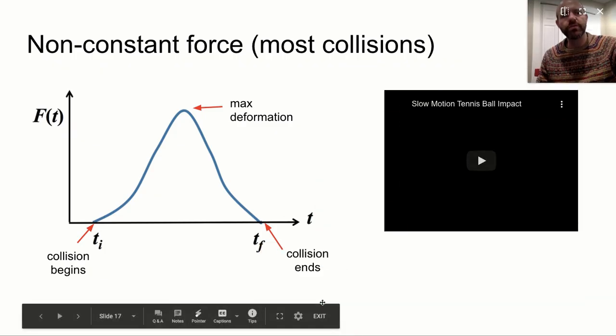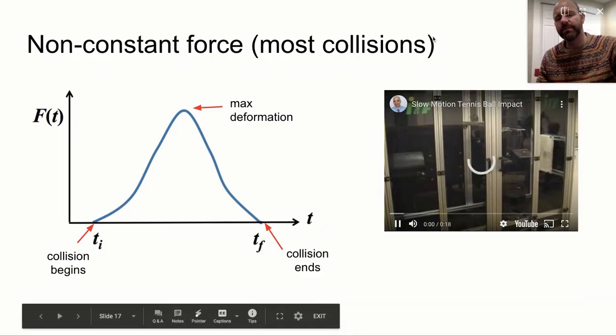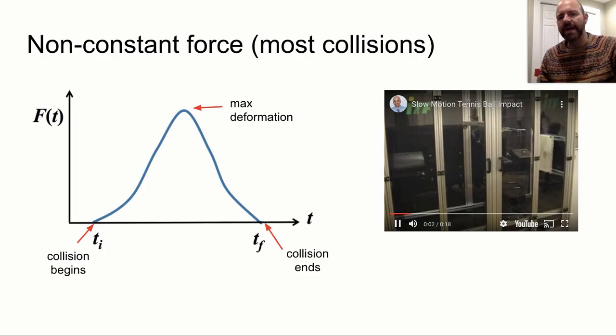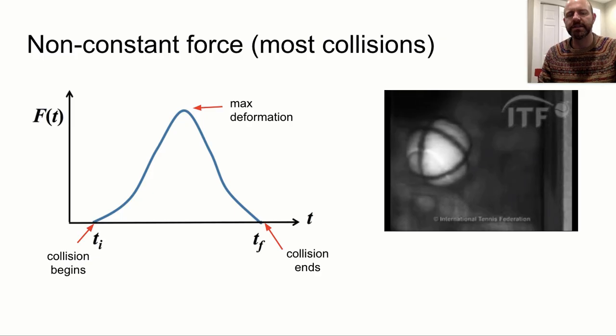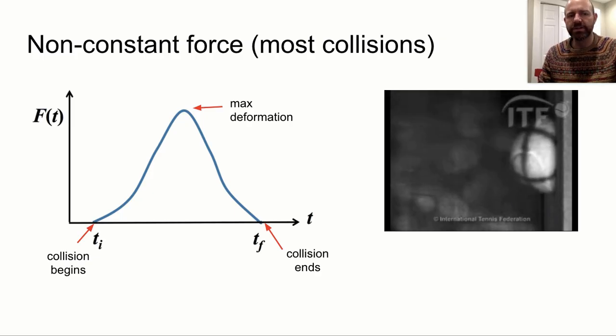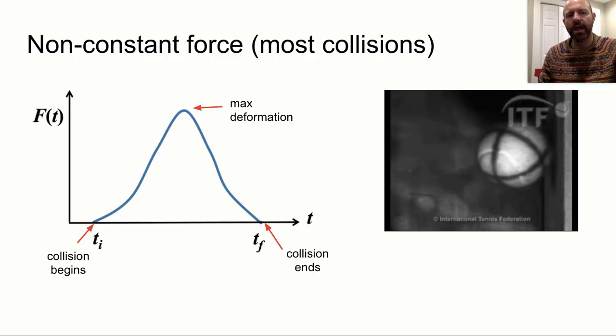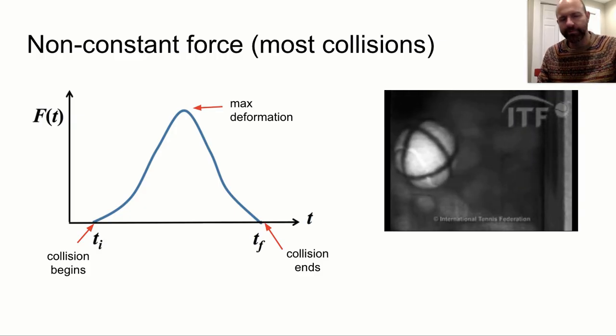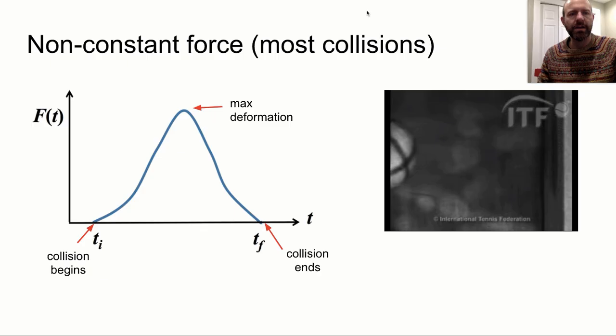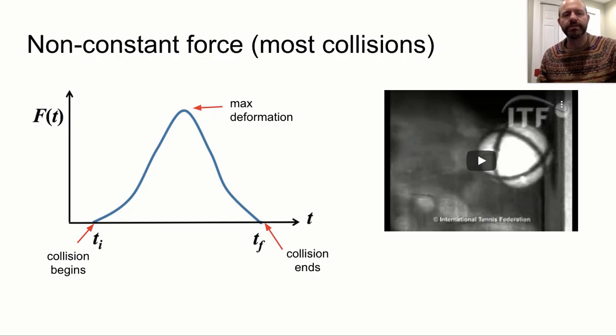And so if you were to graph this, you would look at something that looks like this. As it hits, you would have some sort of curve. It would not necessarily be perfectly shaped. It all depends on how that force depends on the deformation, which is not Hooke's law, although it could be approximated if you needed to. In that case, you could just make this into a triangle for a rough approximation.